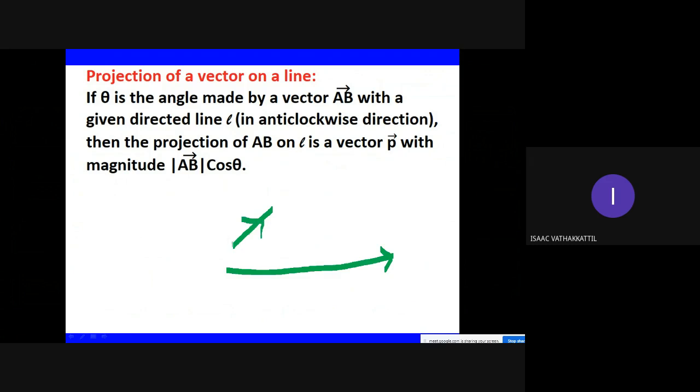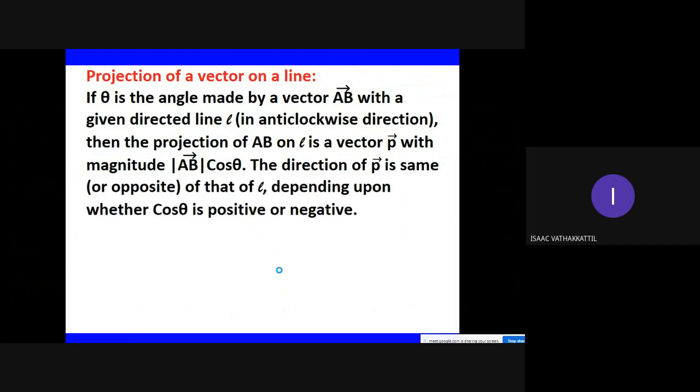Suppose this is vector AB, this is A and this point is B. Then for the projection, you take the foot of the perpendicular of A and B on this line, suppose they are P and Q. The vector PQ is the vector projection and the length PQ is the scalar projection. When I say simply projection, it is only the scalar projection. Okay?